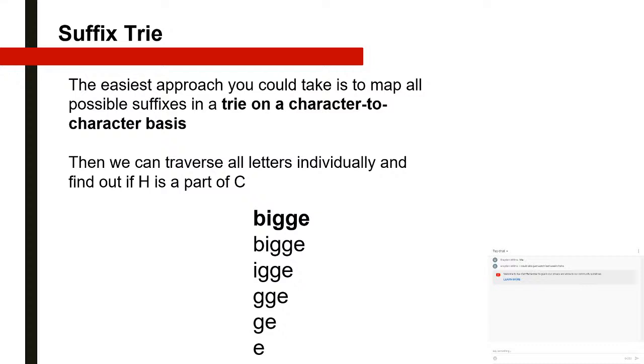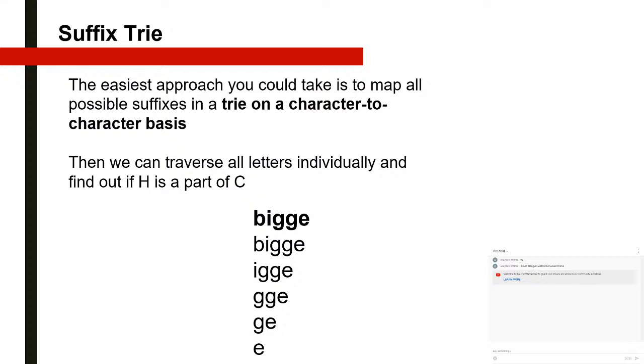So if we wanted to make a trie of the word big, we would have to pretty much get every sequence of characters that could possibly be coming off of I. So you would have, I think, I, G, G, and E as separate edges on this trie.